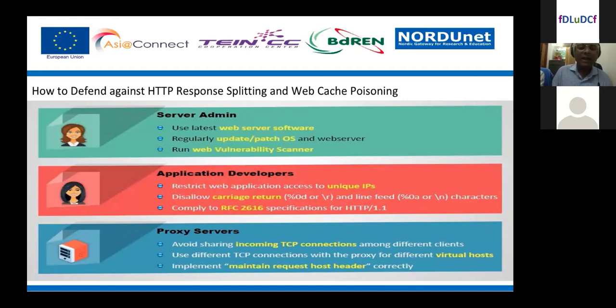From the server admin, always use the latest version of the web server software, because it always is the more secure product, with more security features. And then regularly update and patch the operating system and web server, and run a web vulnerability scanner. So these are the things from the server admin.